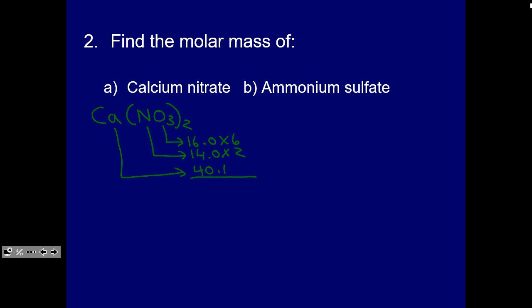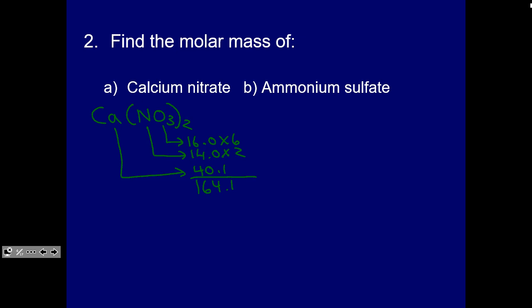I'm not going to do that on my big fancy calculator. I'm just going to run it right now. And I have 164.1, and I hope I didn't screw it up, because that would be terrible, but I'm not going to check it.